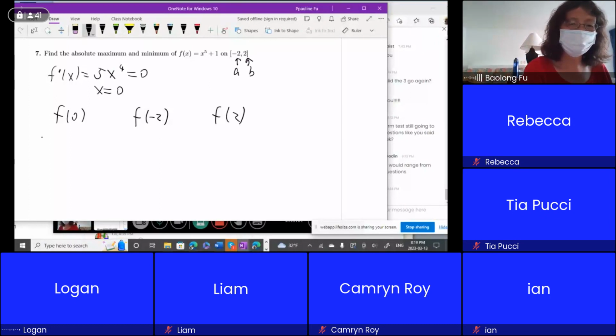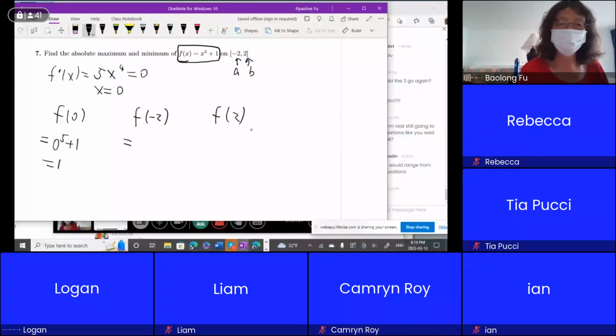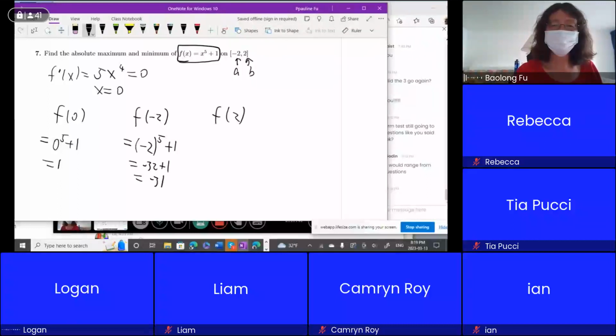So let's calculate f(0). You need to plug 0 into the original function. So 0 raised to the power 5 plus 1 equals 1. For x equal to -2, -2 raised to the power 5 is -32, plus 1, -31. And then f(2) is 2 raised to the power 5 plus 1, 32 plus 1, 33.